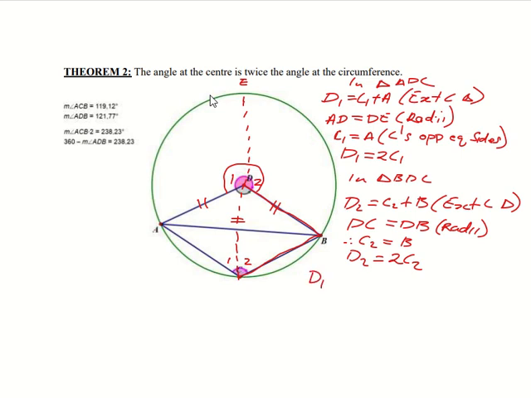As D1 plus D2, and we said D1 is equal to twice C1, and D2 is equal to twice C2, which is equal to 2 times C1 plus C2, which is the angle at the circumference. Therefore, the angle at the center is twice the angle at the circumference.